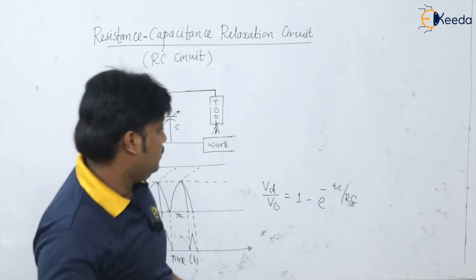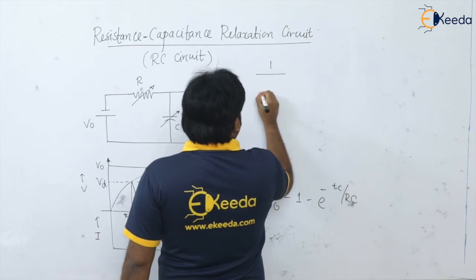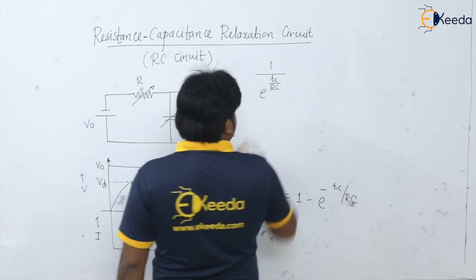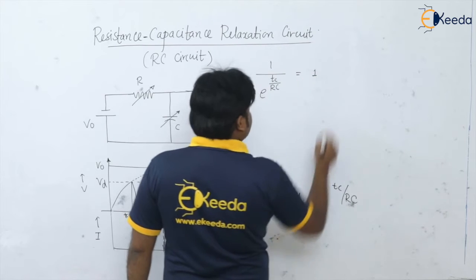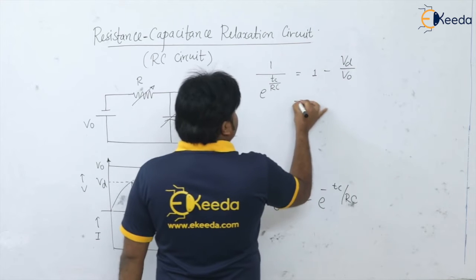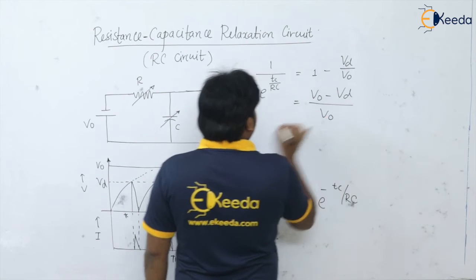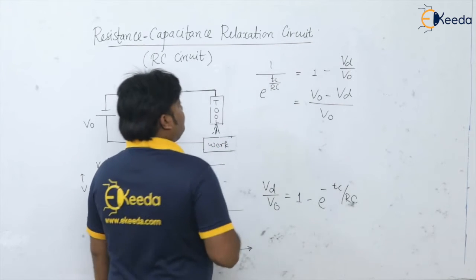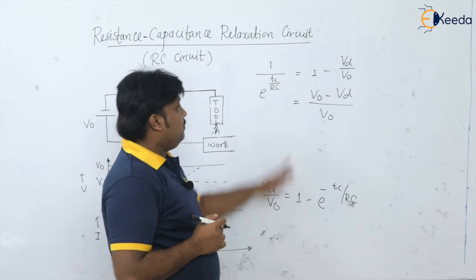So I can write 1 upon e to the power TC divided by RC equals 1 minus VD divided by VO, that is VO minus VD divided by VO.